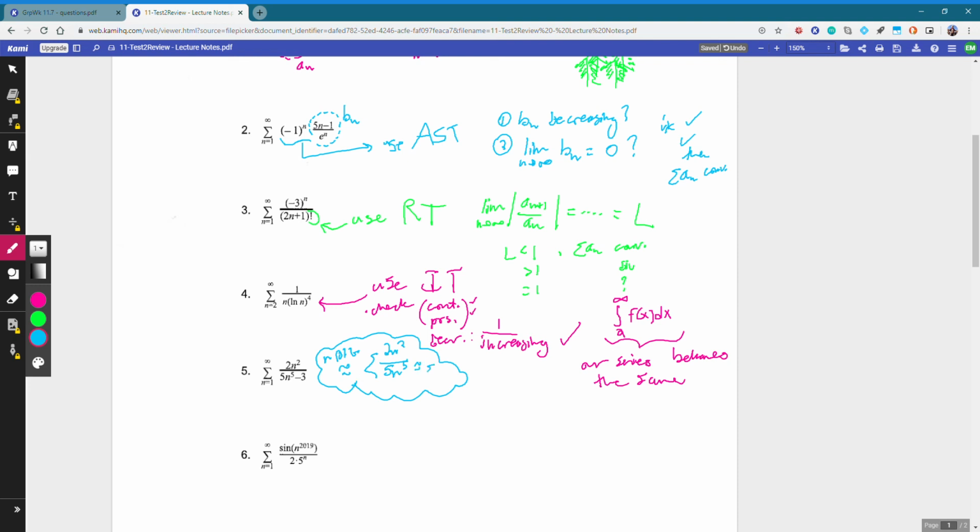And if we just forget about the constant multiple of 2 and 5 there, n squared over n to the 5th, that's going to be 1 over n cubed. And that's a series that we know about.